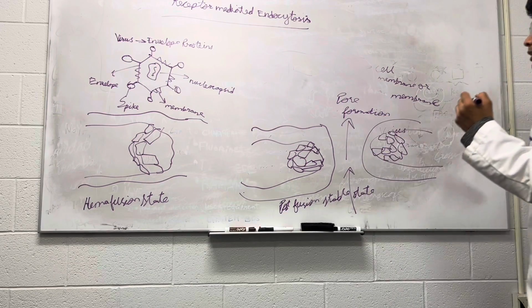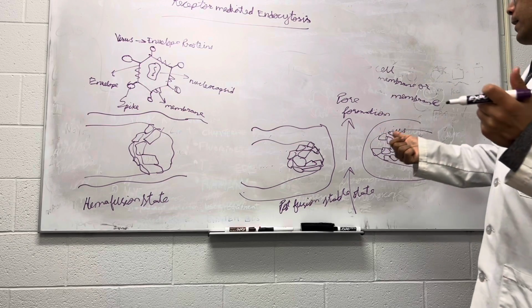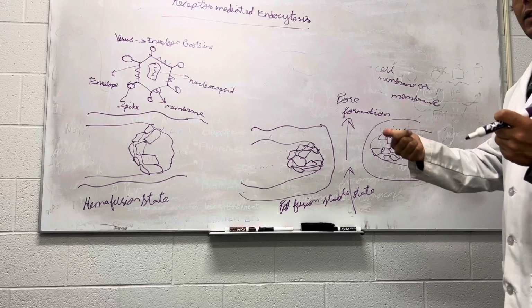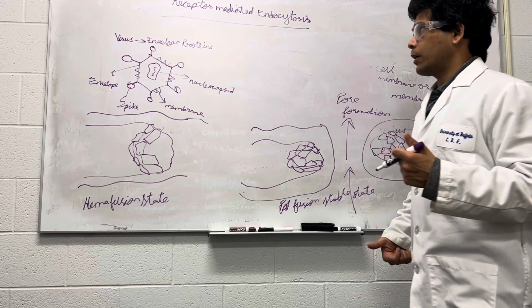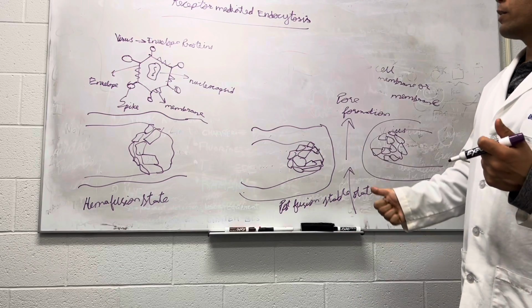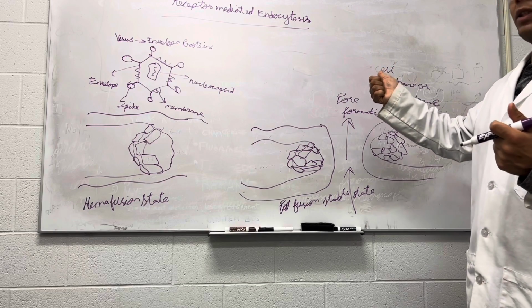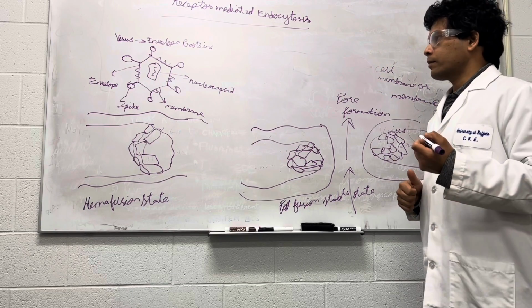So this is how the enveloped virus penetrates inside the cell, that is, into the cytosol. So this is the penetration step for receptor mediated endocytosis for the viruses that have an envelope. Thank you.